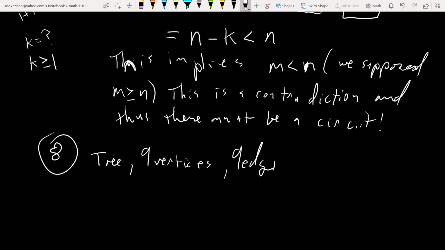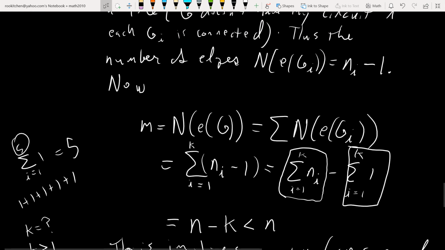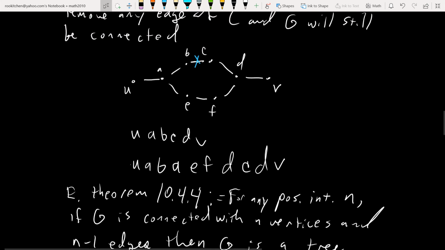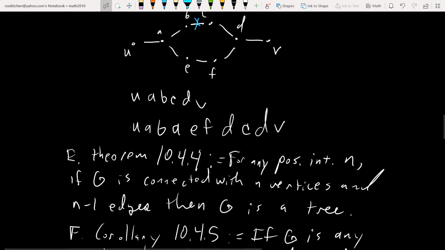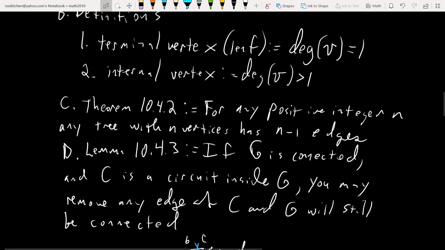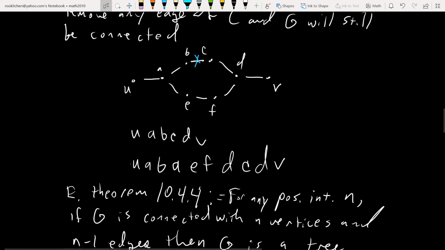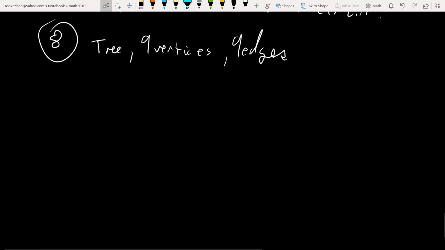Does that tree exist? You have to go back to your theorems and see if anything fits. For any positive integer n, any tree with n vertices has n minus 1 edges. So if I have 9 vertices for a tree, you have to have 8 edges. There's no way to have this happen, so this can't be done.